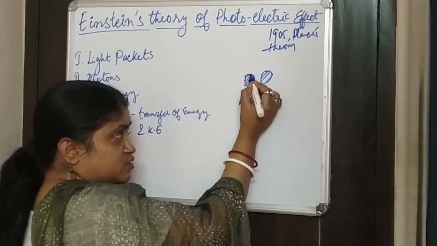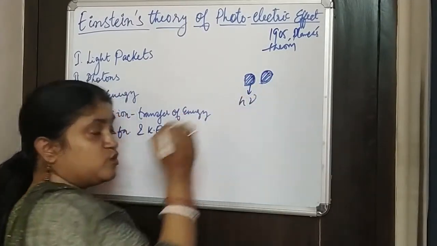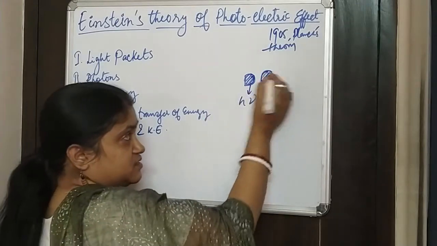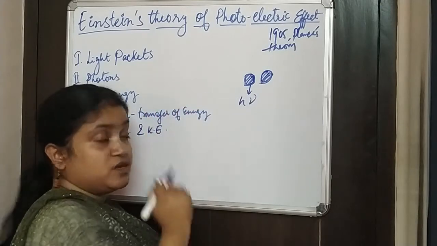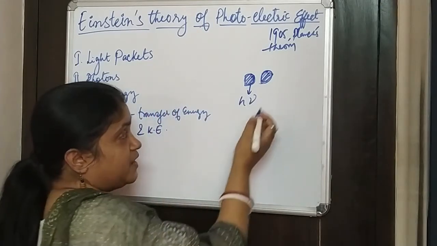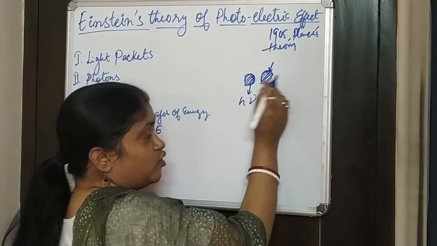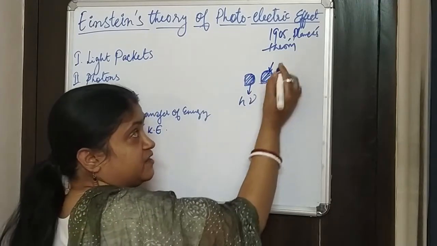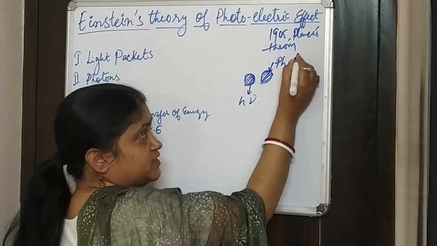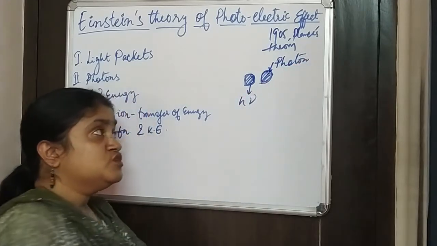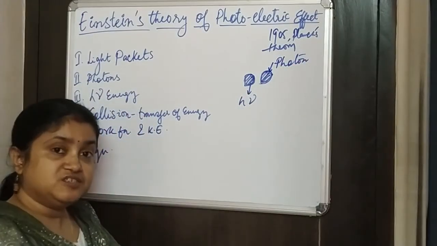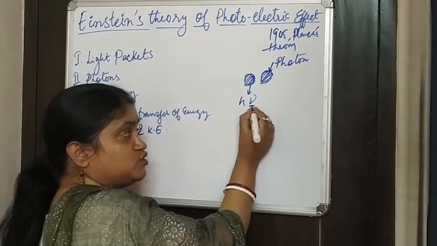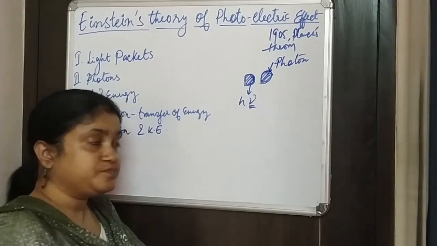These small packets or small quanta are the concept of the quantum theory given by Max Planck. And these small quanta of light, Einstein called photons. These photons have certain energy, and this energy depends on the frequency of the light.